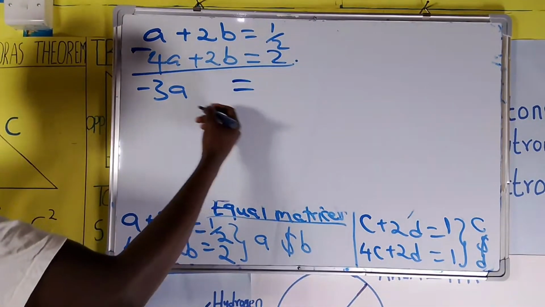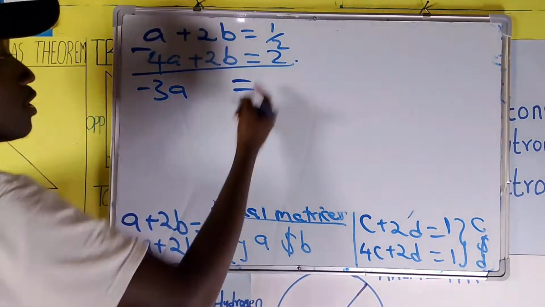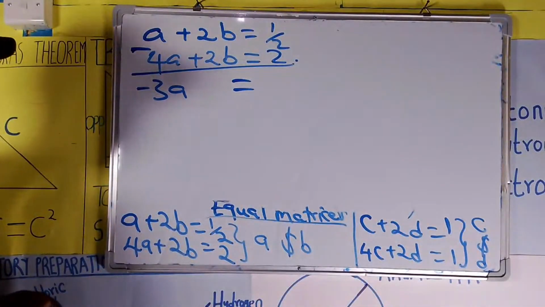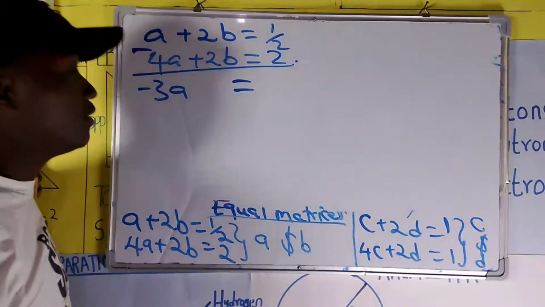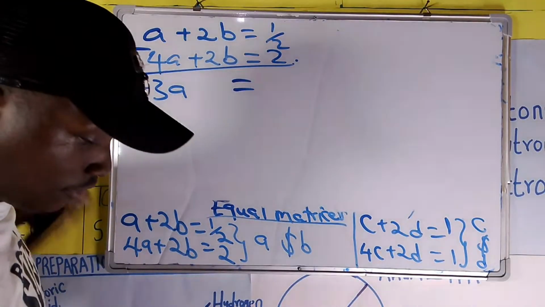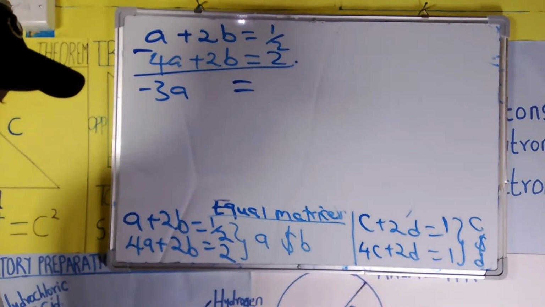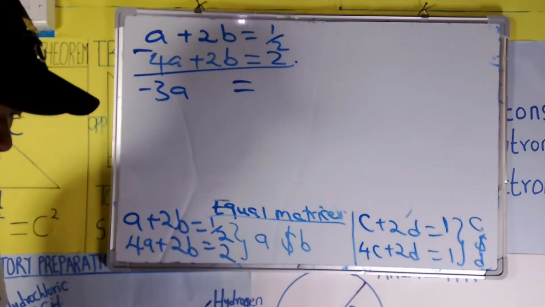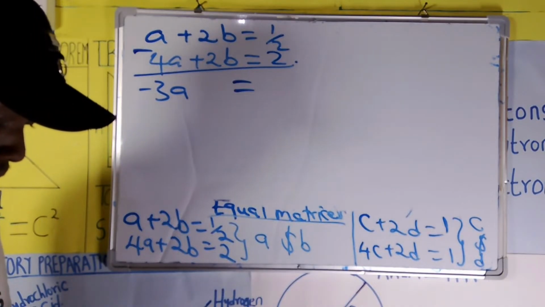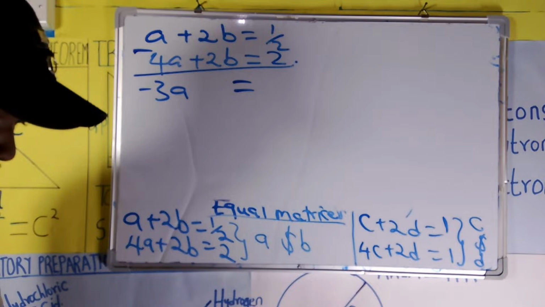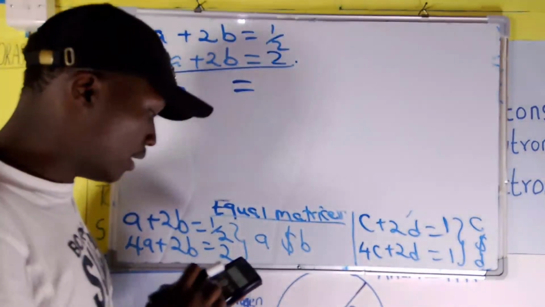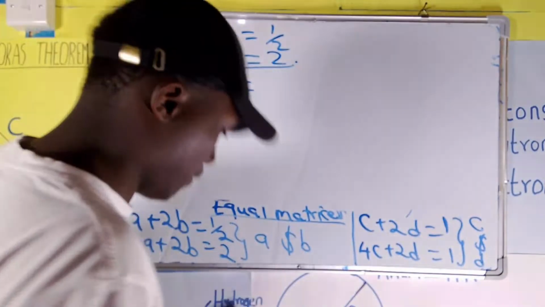So it remains equal to a half minus 2. What is a half minus 2? It is negative 1.5.